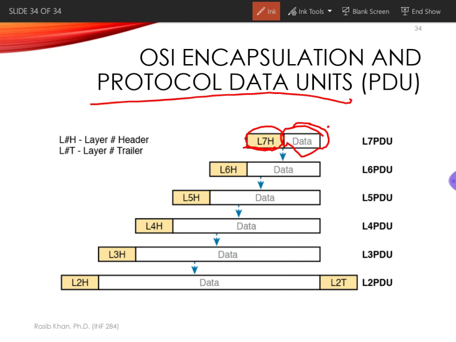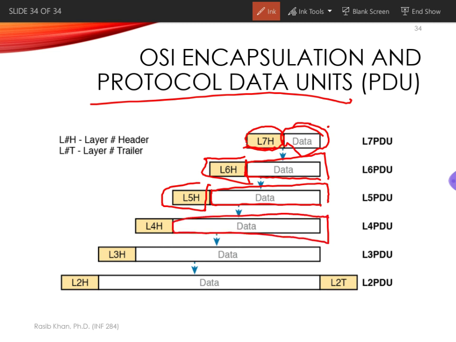The whole item becomes the data for the next layer, and then you add the layer 6 header. From layer 6, the whole item becomes data for layer 5, and you add the layer 5 header, and so on and so forth.